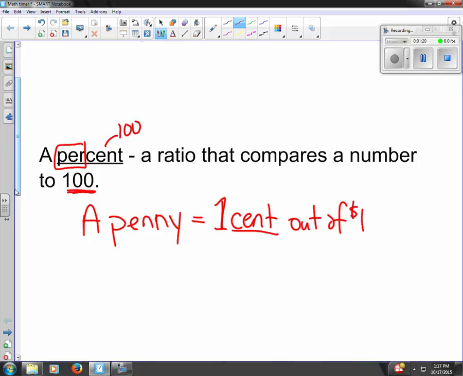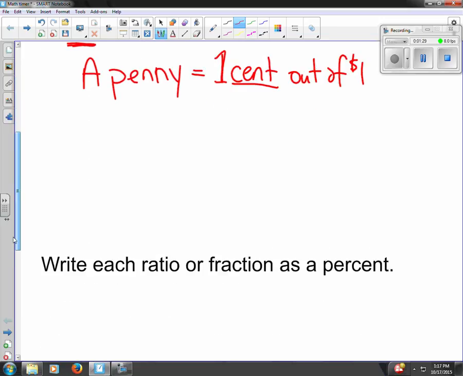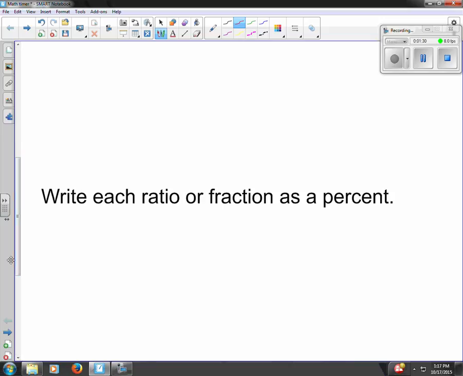Anything out of 100. Okay, just keep that in mind. So if I write each ratio or fraction as a percent, here's my ratio, 17 out of 100.